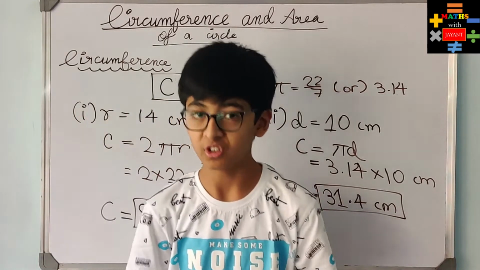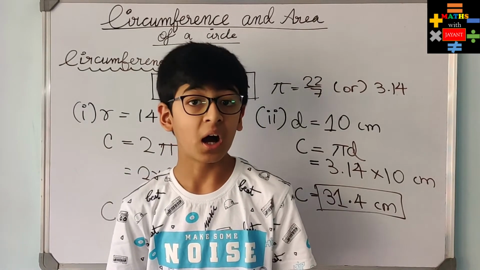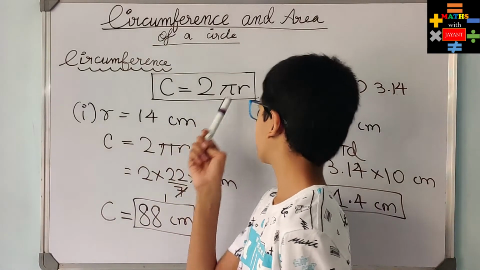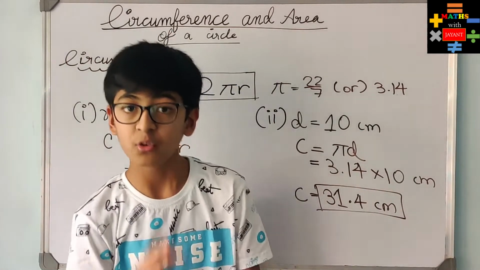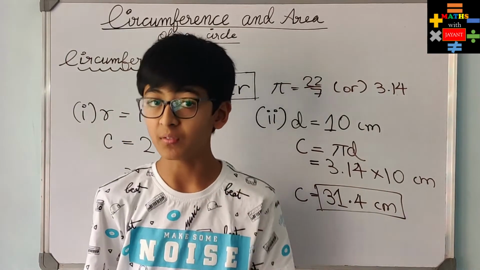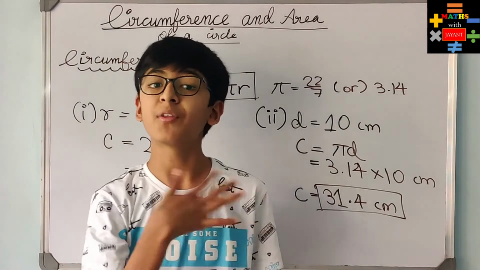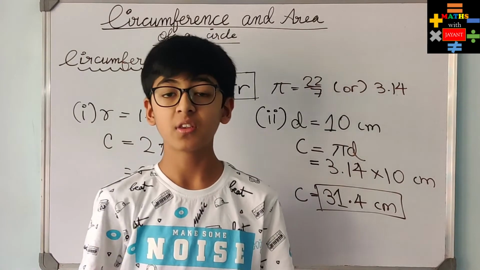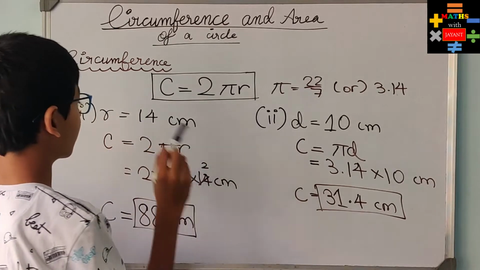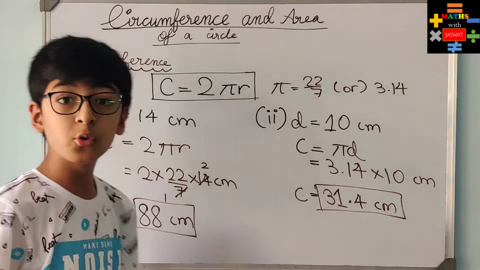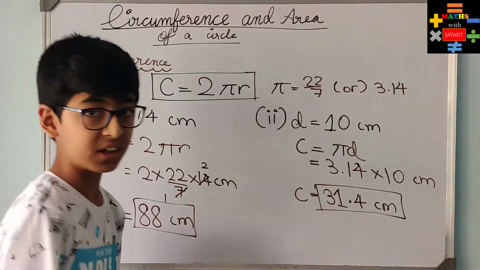Okay, let me ask you a question here. You might be thinking, how did you decide where to use 22/7, where to use 3.14? Why do I use 22/7 in one place and 3.14 in the other place? Which one am I supposed to use in a question? Suppose you are given the length of the radius or diameter and it is a multiple of 7.